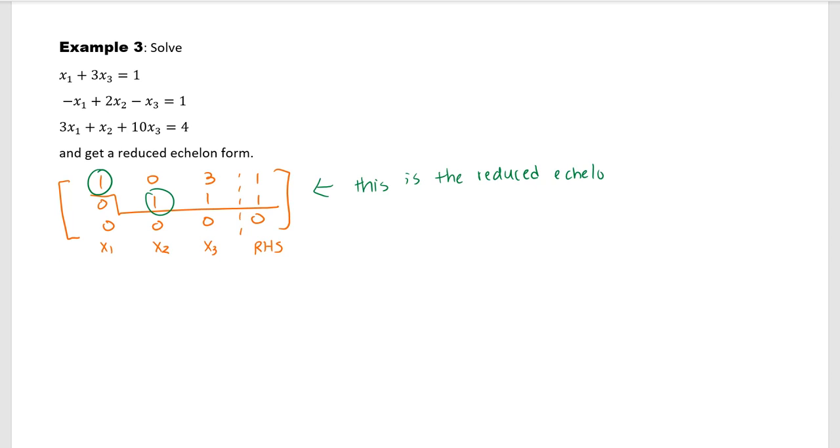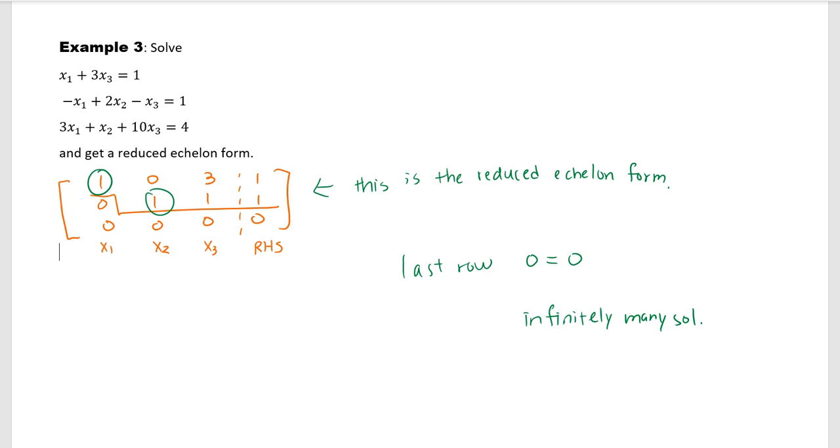Okay, so no work needs to be shown here. And you can also see the last row tells us 0 equals 0, which is always the case. So we can have infinitely many solutions.